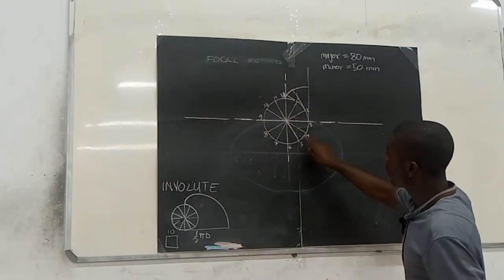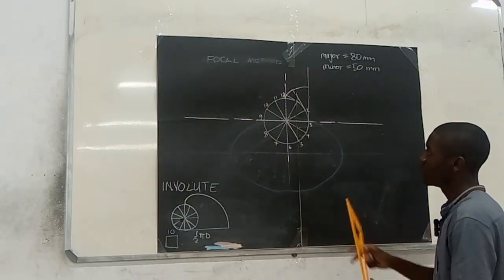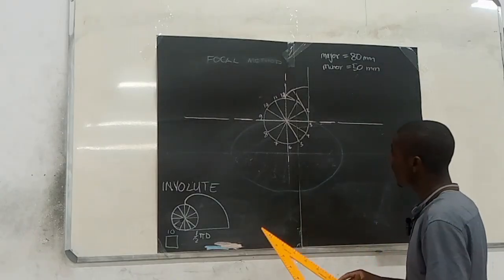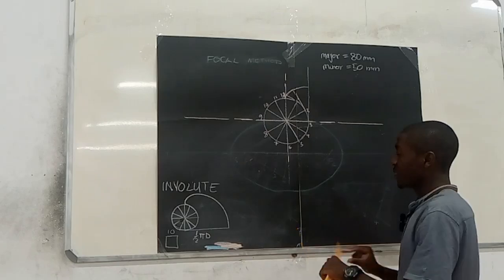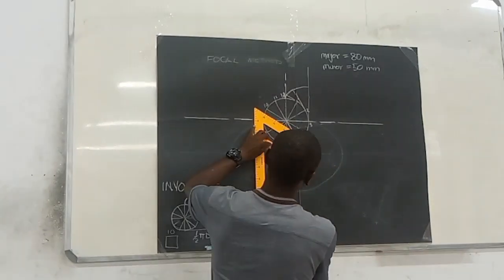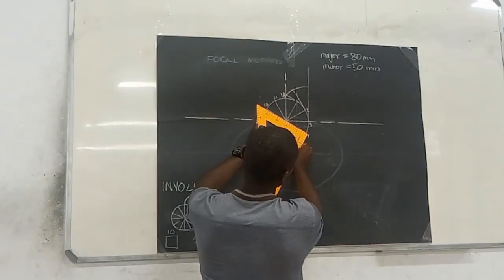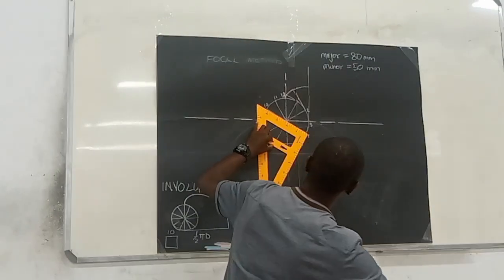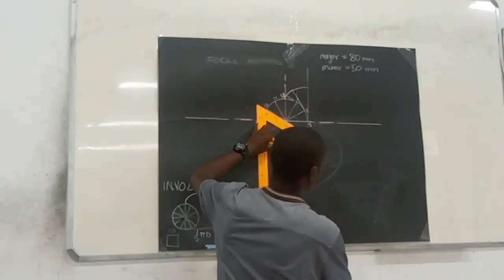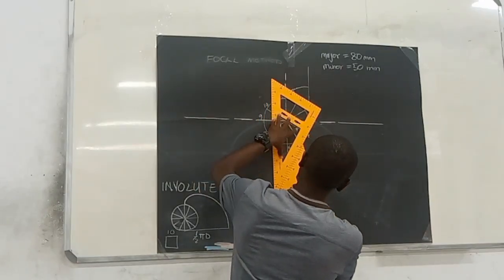So I'll draw the line that is supposed to come from point 4, supposed to be at 90 degrees. I can also use this for the 90s. So I'll align it such that my 90 is at that line. Then I'll slide it. I'll slide it going all the way this side.